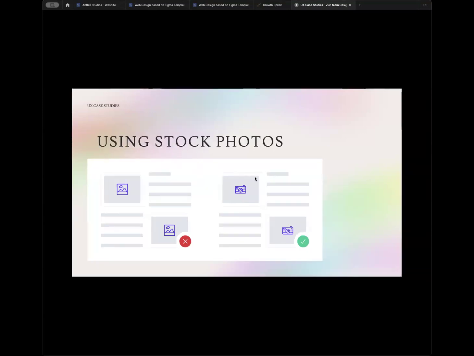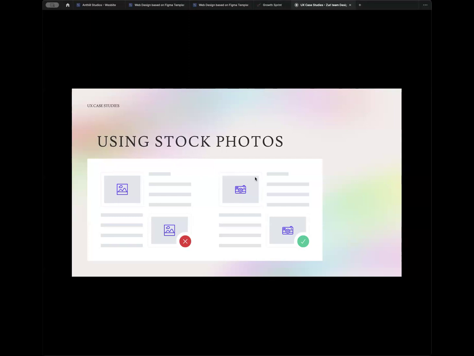Then there is using stock photos. Now, this is a very serious problem because it happens a lot. Why stock photos help, which I'm not going to lie about. Please also keep it at the back of your mind that a lot of these photos are reused.